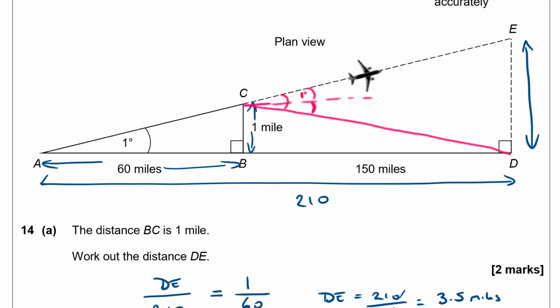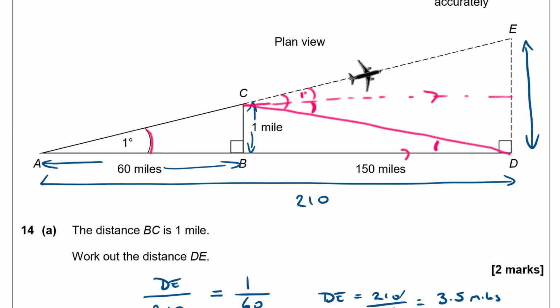So we're saying that that's 1 degree. This angle here is the same as that one. It's alternate to that one, if these two lines are parallel. Now, is this angle bigger or smaller than that one?